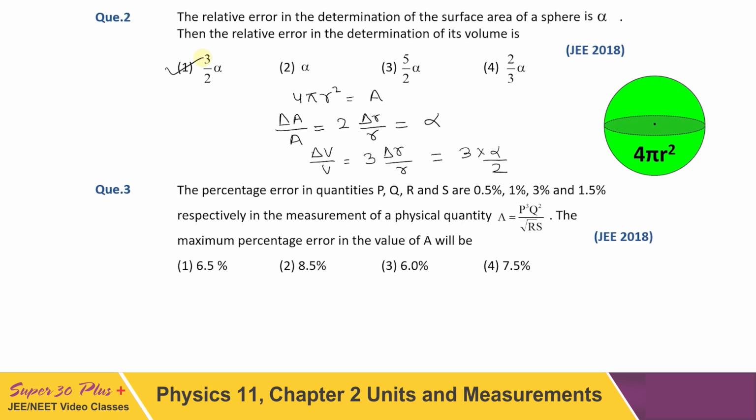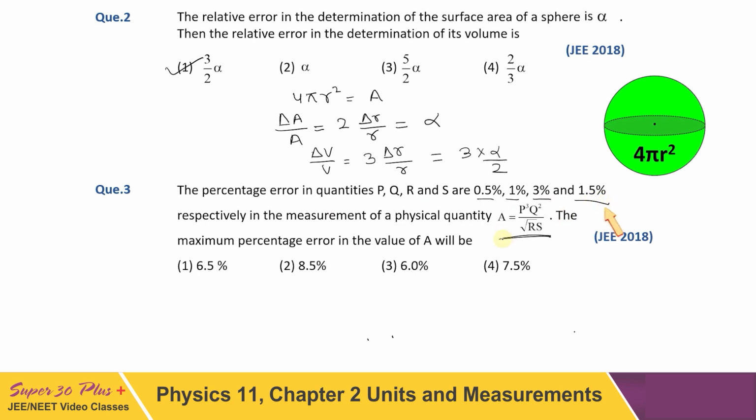Now let's move to question number 3. The percentage errors in quantities P, Q, R and S are 0.5%, 1%, 3% and 1.5%.